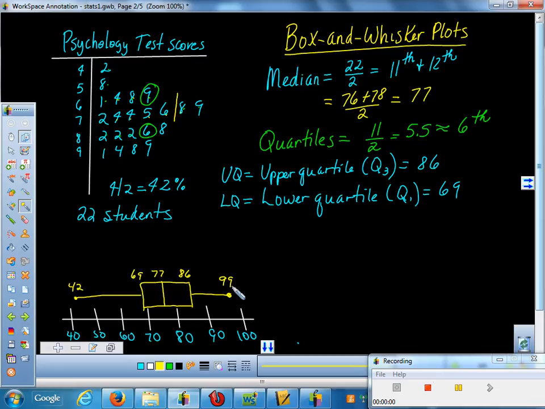Well, outliers are found if a point lies more than 1.5 boxes away from the box. Okay, so I'll say that again. If you take the length of the box, which is called the interquartile range, and take it times 1.5 so that you're 1.5 away.